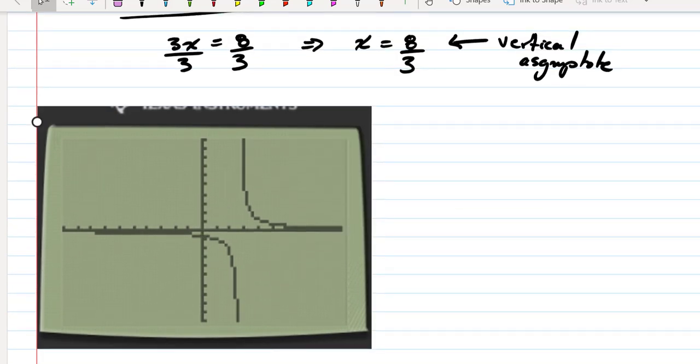So 8/3 is 2 2/3, so we go 1, 2 2/3. It's going to be here, so that's my x equals 8/3.